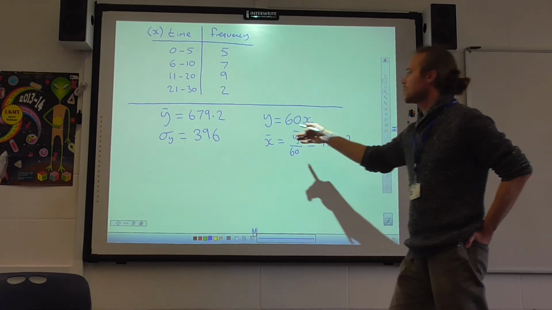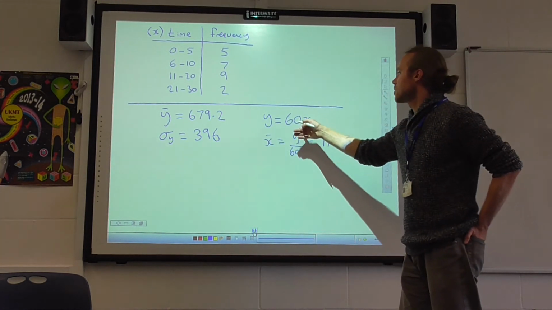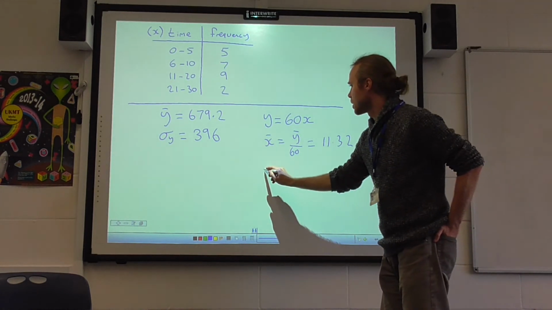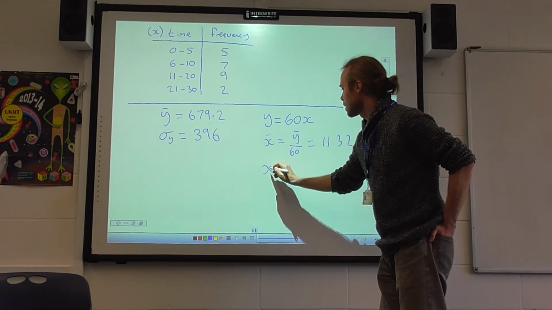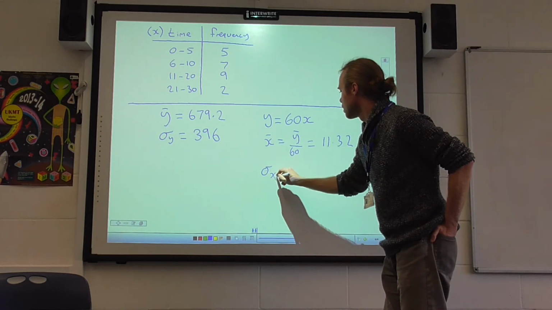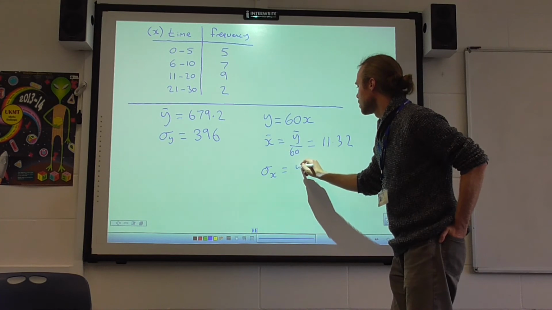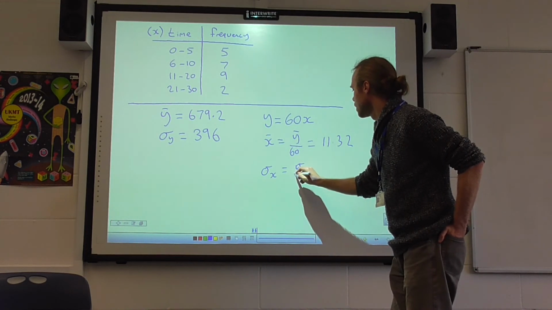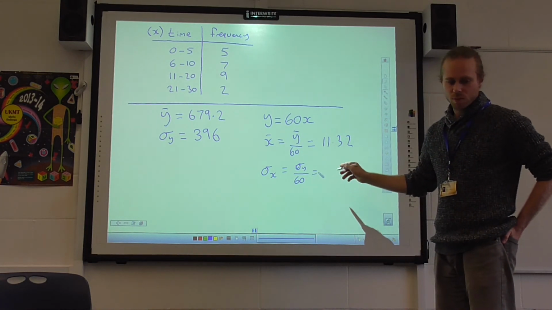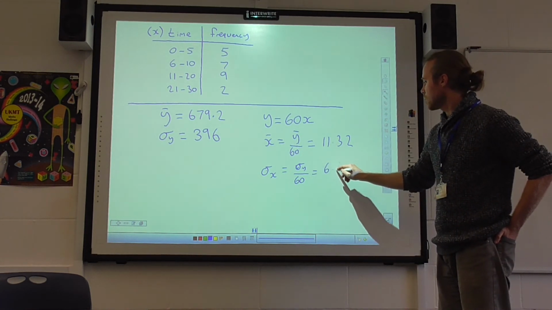If you remember again, the standard deviation is affected by multiplication. So if I wanted to get the standard deviation for x, I would also need to do the standard deviation for y divided by 60 to undo the code, which should give you 6.6.